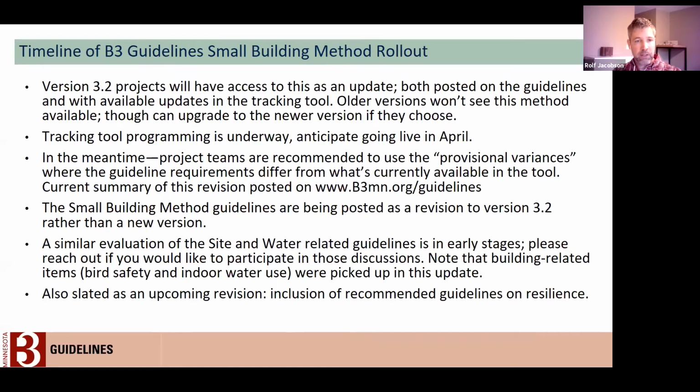All right, I think Pat's going to jump on now to talk about some timeline stuff and how the B3 small buildings method integrates with the SB 2030 small buildings method. Yeah, you can tell they're my slides because they're just a wall of text. So this is a revision that we're putting forward to version 3.2.